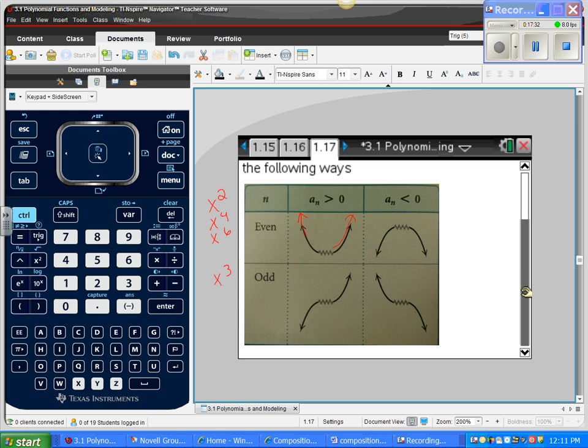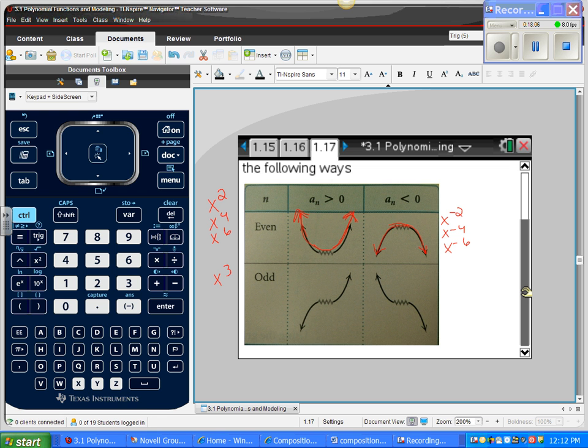So the end behavior to the left, to negative infinity, is the same as the end behavior to the right, or positive infinity. If it's an even power but negative, meaning negative x squared, negative x to the fourth, negative x to the sixth, same thing happens. As I approach negative infinity, I'm going to shoot down. As I approach positive infinity, I'm still going to shoot down. So the end behavior is the same from the left and the right when we have even exponents.